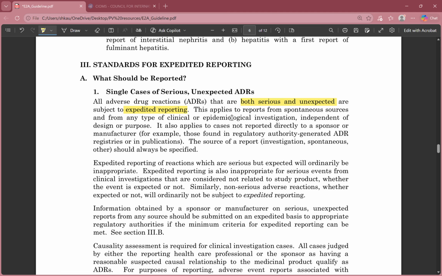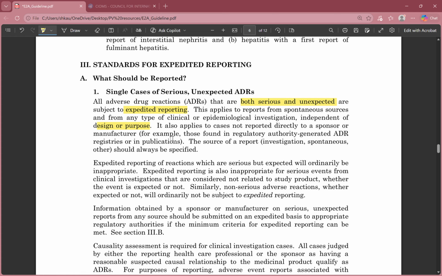The second point is that this applies to reports from spontaneous sources and from any type of clinical or epidemiological investigation, independent of the design or the purpose. Whatever the design or purpose of that investigation is, be it clinical or epidemiological, this criteria applies to all the reports from spontaneous sources and from any kind of such investigations.